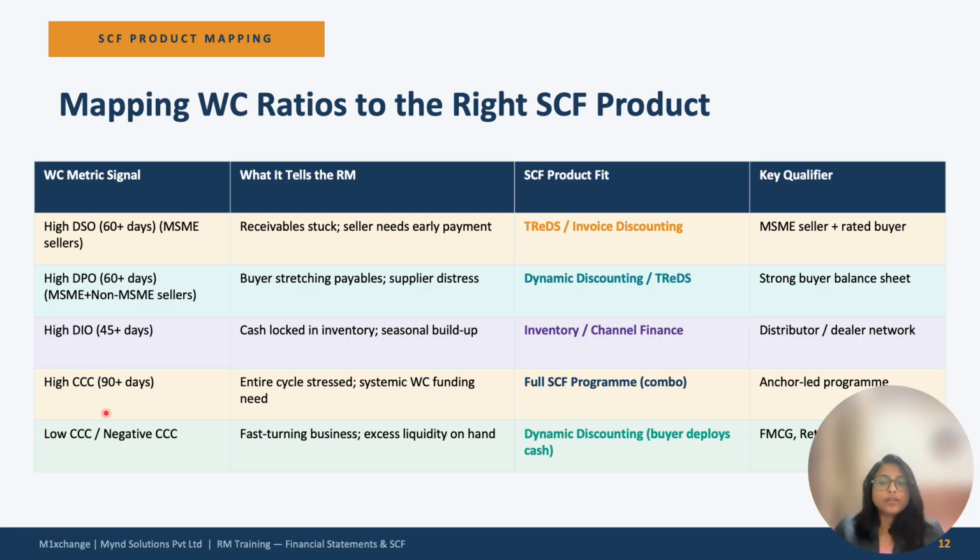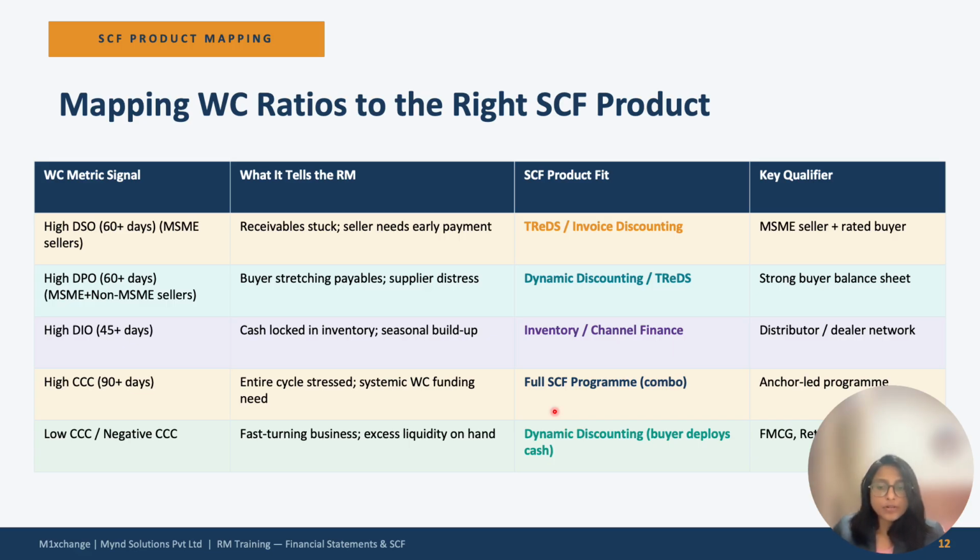If this is more than 90 days, I say that the entire cycle is stressed. The entire value chain is stressed. There is a working capital requirement for this buyer or seller, and that is where we can pitch the entire SCF program, both for the vendor side as well as the buyer side.